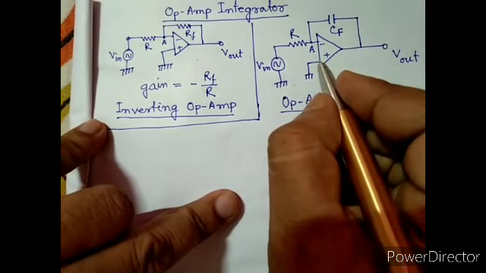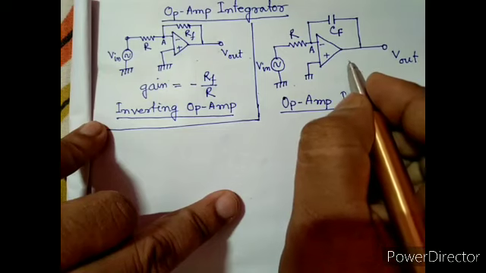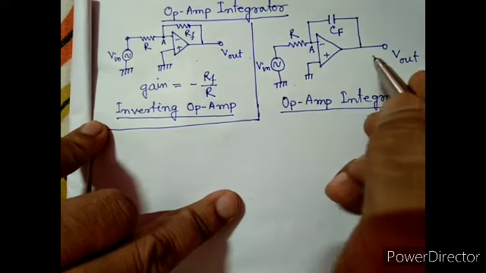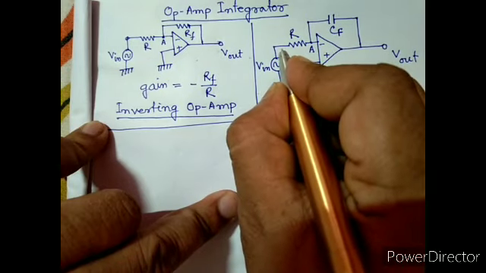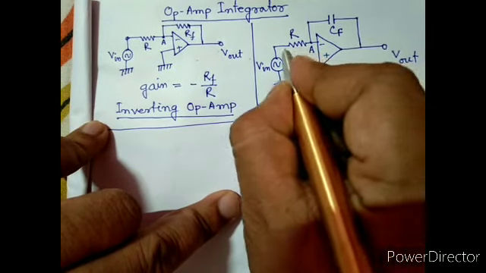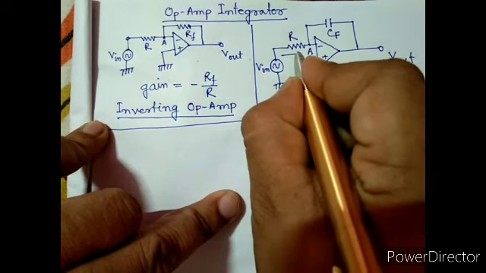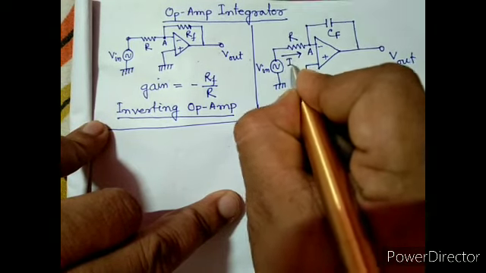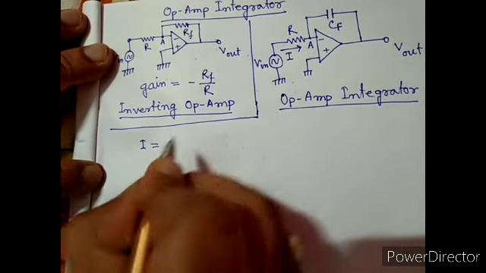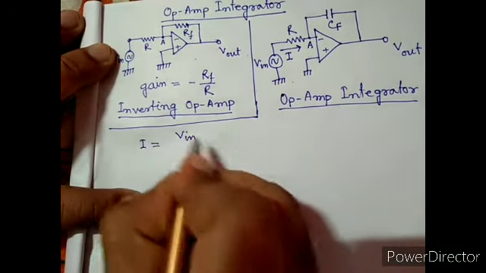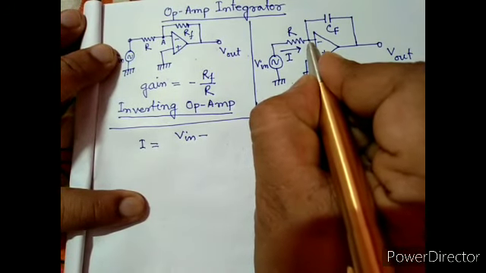Now, how does this operational amplifier integrator circuit work? We need to find out how much current passes through this resistor R. If I name that I, then I equals Vin minus the potential at that point.